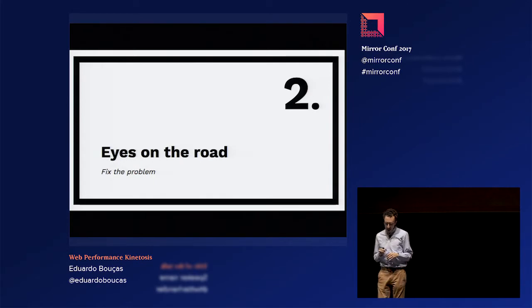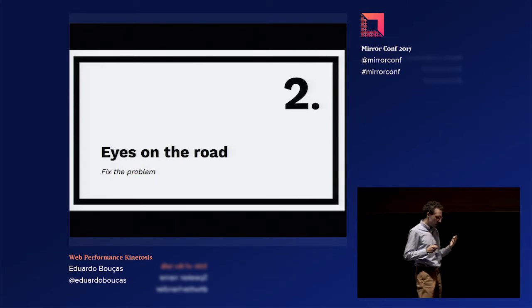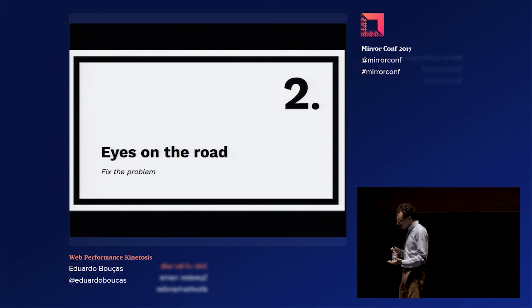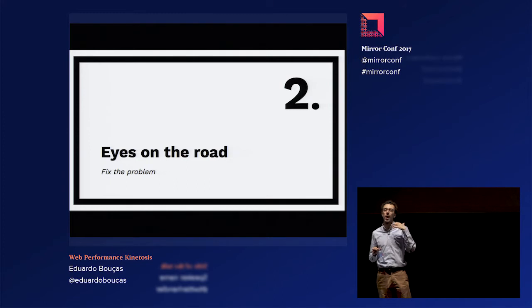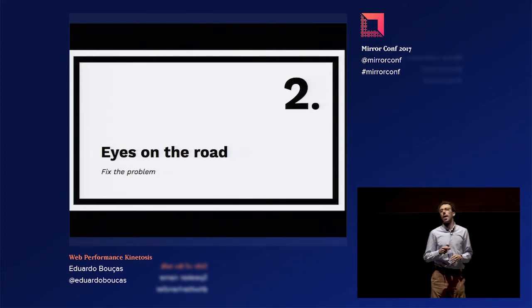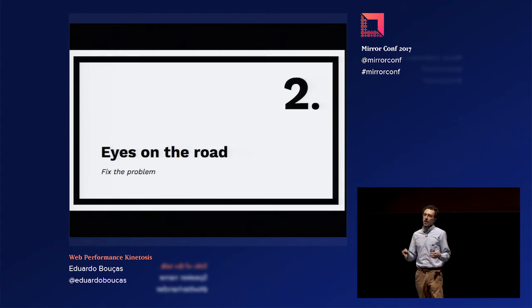So on the first stage we learned how we can measure performance and how we can start to identify potential bottlenecks in your system. And now we come to the second stage, which is let's keep our eyes on the road so we eliminate this disagreement in the short term.